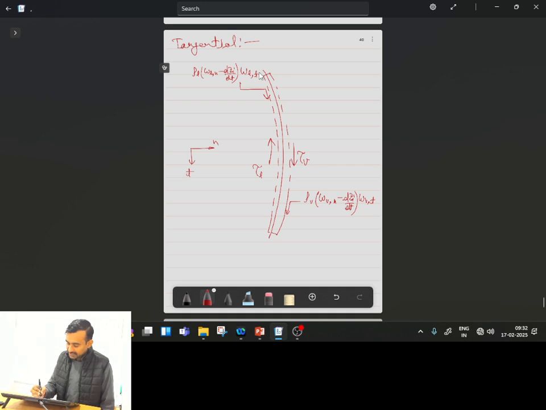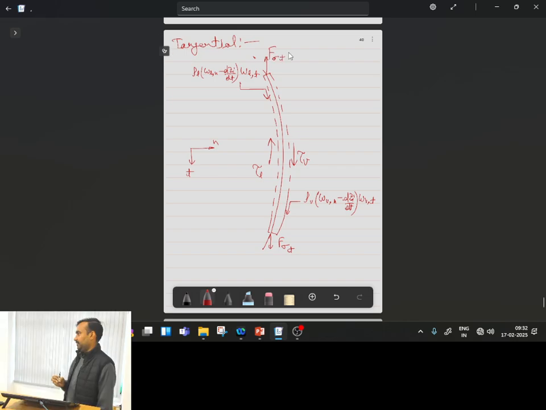Just now we have seen that when surface tension acts, one of its components also comes in the tangential direction. So we have to consider one component of the surface tension, F sigma T. Is this point clear?